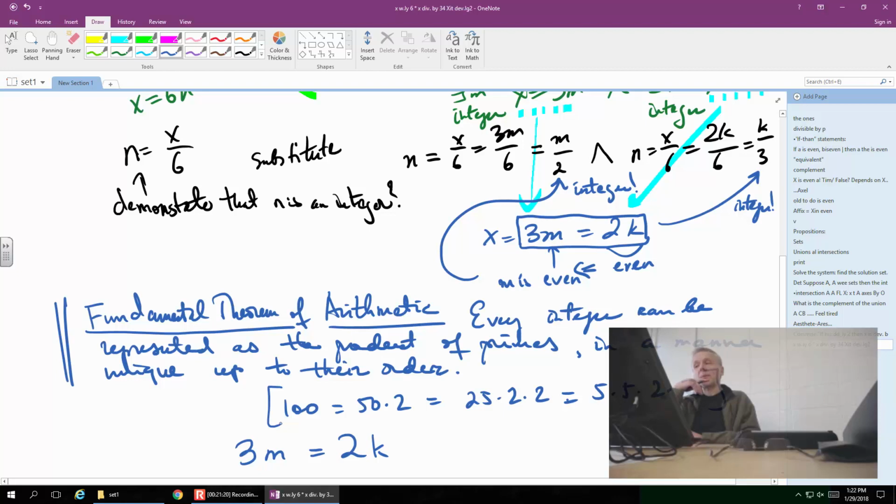Are you familiar with the fundamental theorem of algebra about factorization of polynomials? Factoring polynomials from pre-calculus. Remember that one? So the idea is the same, and that's where long division comes from. But let's not go there.